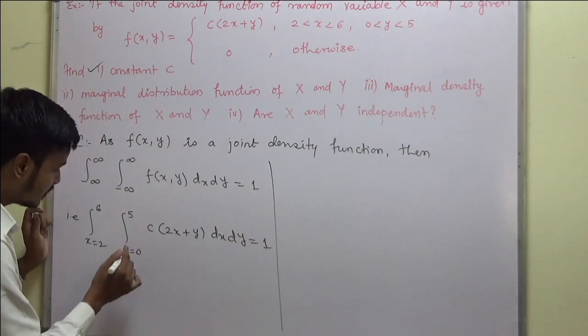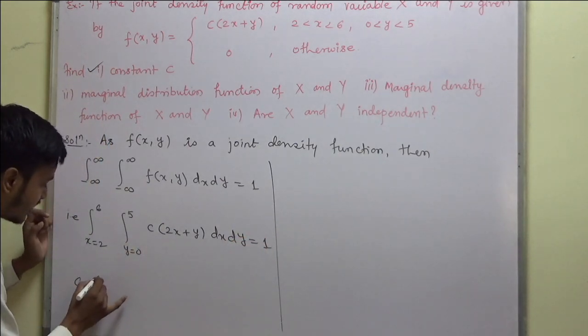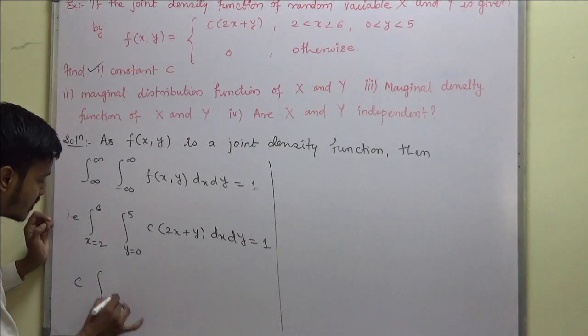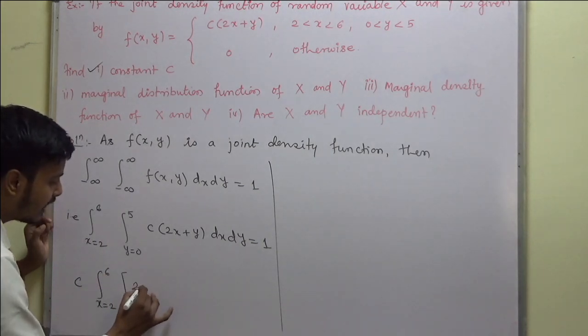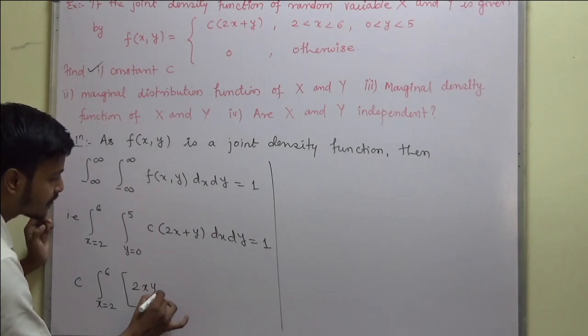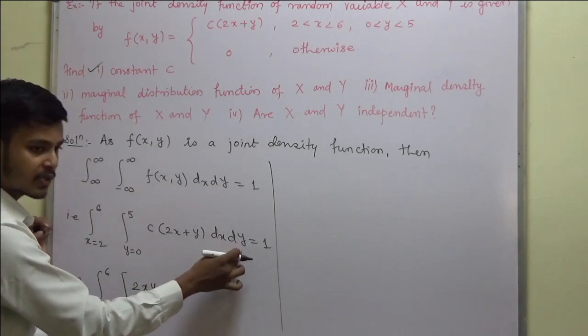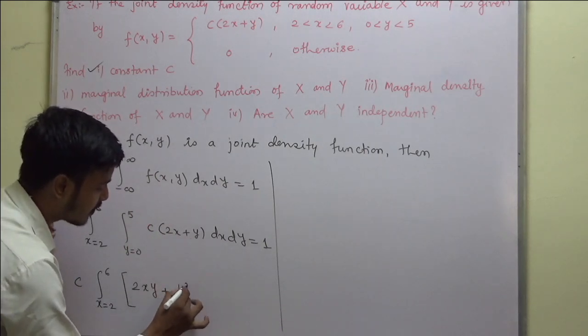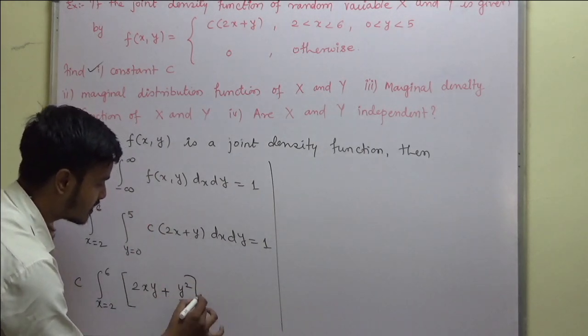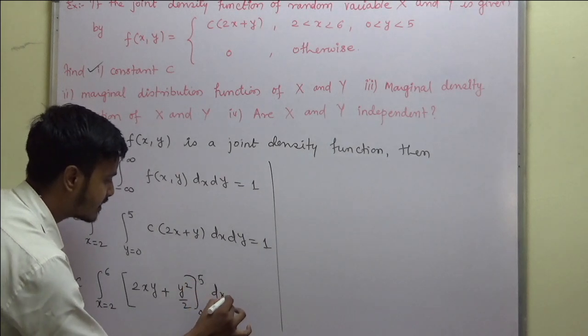C times 2x plus y dx dy is equal to 1. Now I can take this c outside and write the limit x from 2 to 6, integration of 2x plus y. Because we are integrating with respect to y, 2x is constant, integration of 1 is y, integration of y is y square by 2, limit 0 to 5, dx is equal to 1.